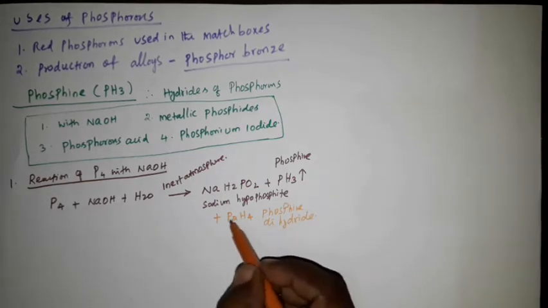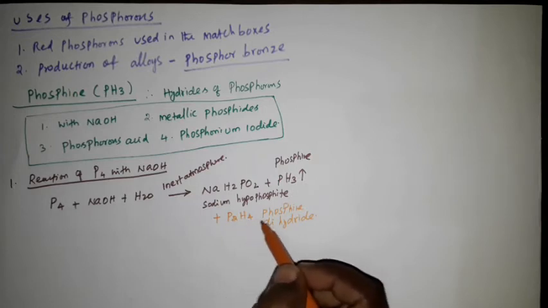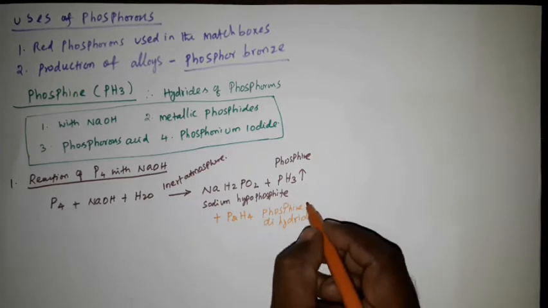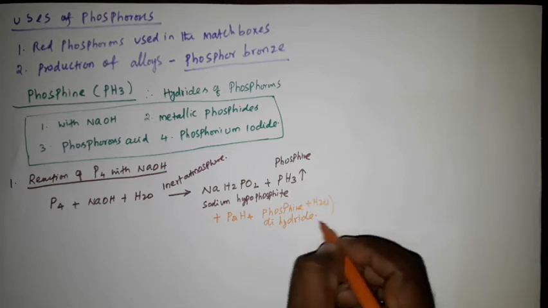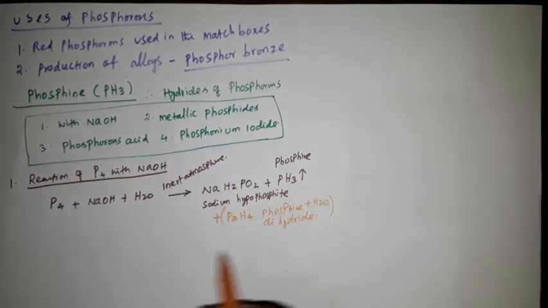This phosphine dihydride is an impurity. Water is also present. So these two are impurities, but actually we have to make pure phosphine.